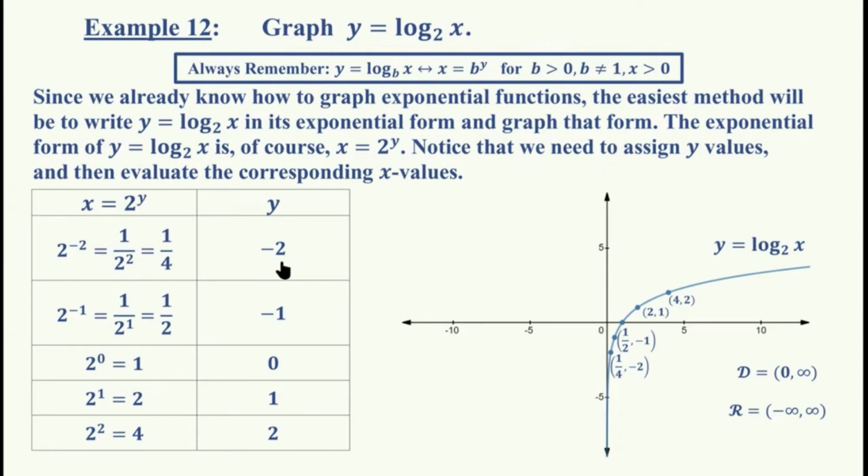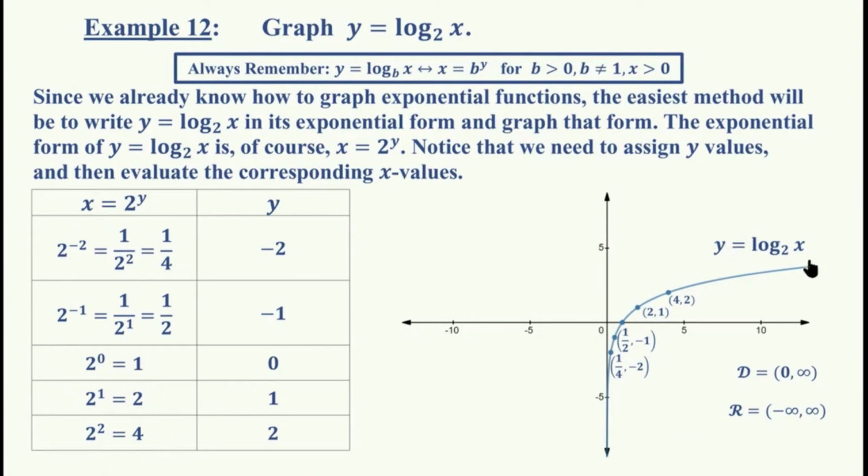So when you substitute -2, you get 2 to the -2, which is, of course, 1 over 2 squared, which is 1/4. Substitute -1, you get 2 to the -1, which is 1 over 2 to the 1, which is 1/2. Substitute 0 for y, you get 2 to the 0, so x is going to be 1. Substitute 1, you get 2 to the 1, which is going to give you 2. 2 will give you 2 squared, which is 4.